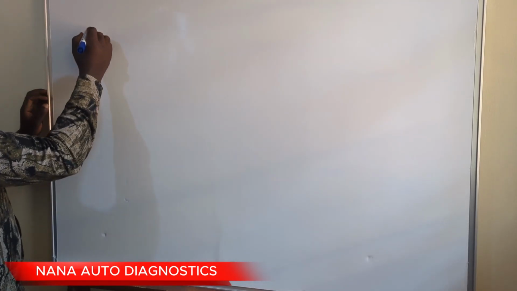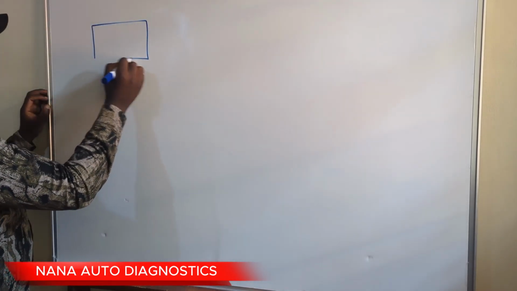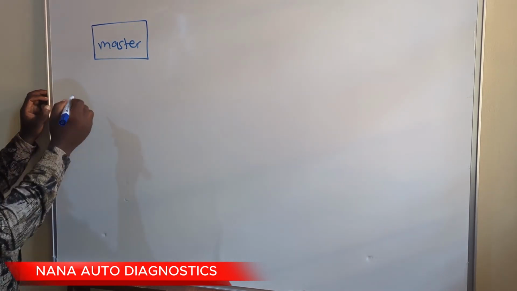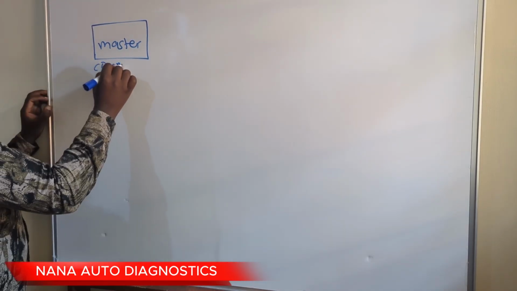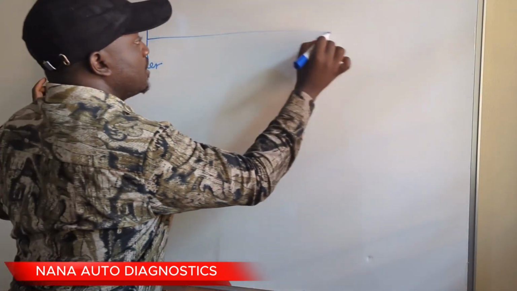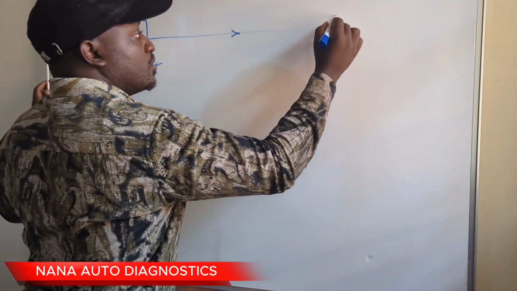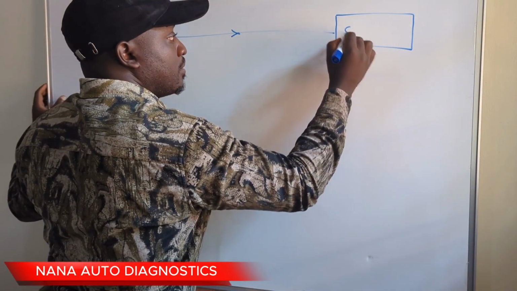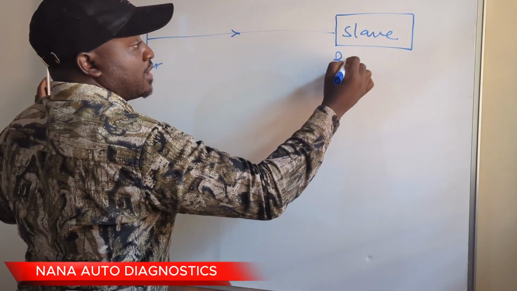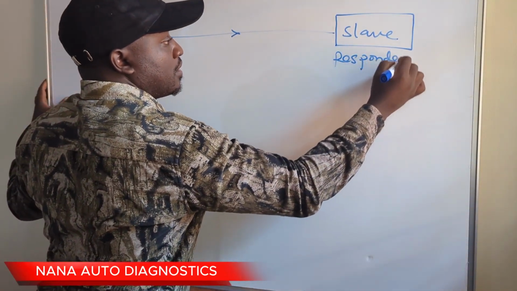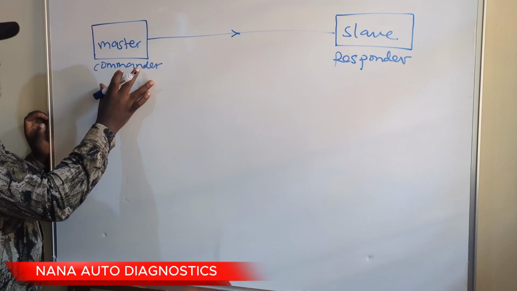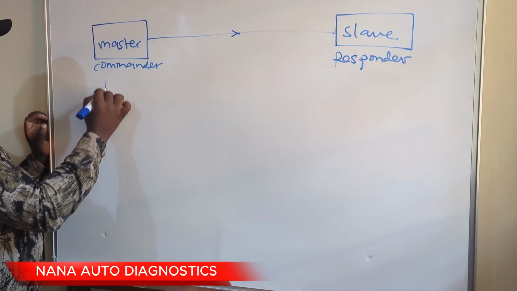If we have our master, which is sometimes known as the commander, trying to send a message to our slave. Now the slave is sometimes known as the responder. The message that is sent by the master is known as the header.